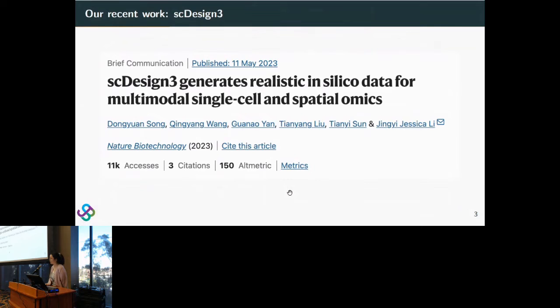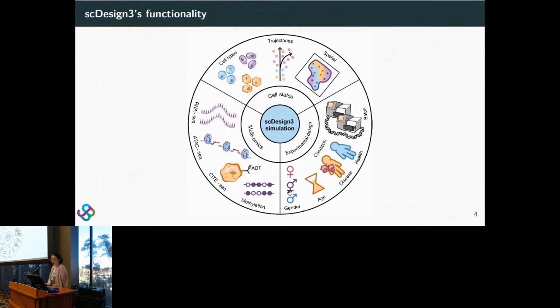So here comes our work, scDesign3, which was published this year in Nature Biotechnology in May. I will go into more detail about this plot, which you may have seen before. The first functionality is simulation, where we can simulate cells from diverse cell types, which are discrete or continuous trajectories, and also across different spatial locations.